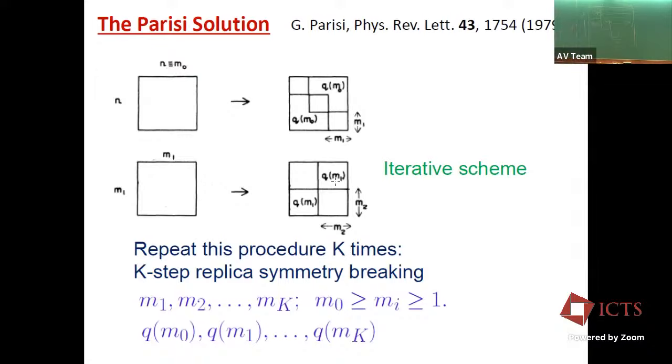So the point is, now there are these two things that we have done. M0 is not chosen; M0 is equal to n. But we have chosen this M1, the size of these blocks. And then I'm saying that within these blocks, the off-diagonal elements have some number, which is called Q of M1. And outside these blocks, the off-diagonal elements will have some other value, Q of M0. So this is the way that symmetry has been broken in one step.